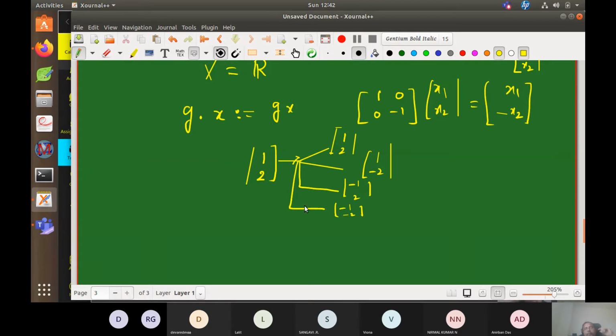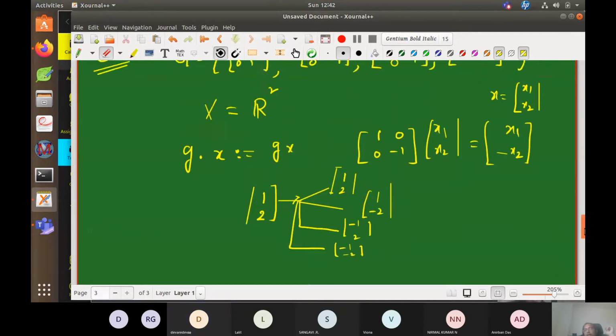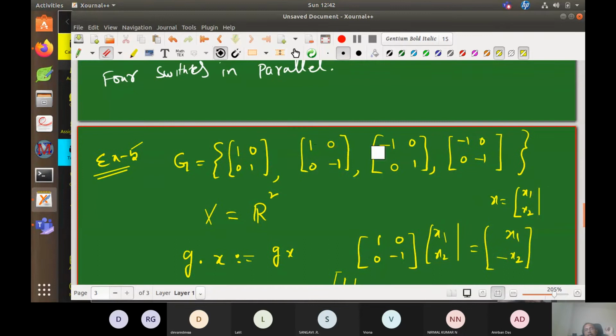If we draw this on R^2, the points will be equally spaced around the origin, forming a square. Actually this group is a group of reflections.